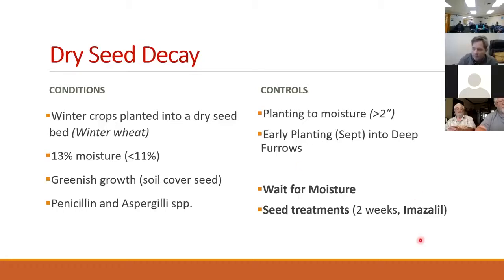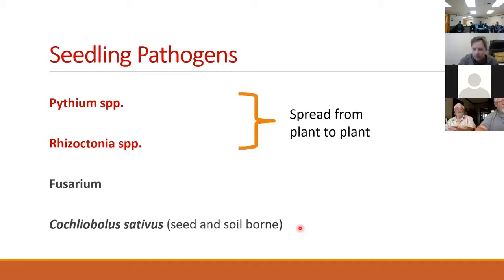I will say this product called Mausolil, it's off patent, is actually the best product for dry seed decay. It probably will go off registration in the next few years. But if you're a winter wheat producer and sometimes you lose patience, which I did with my 4-year-old this morning a little bit, Mausolil is a good product to consider.